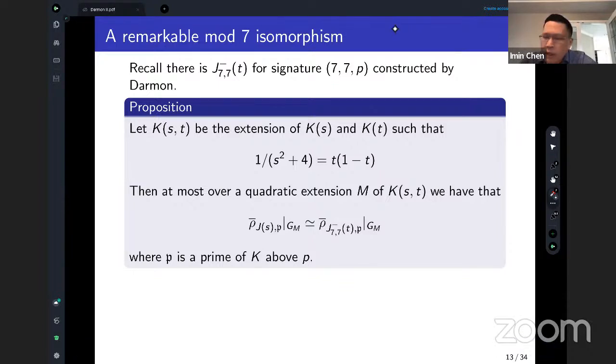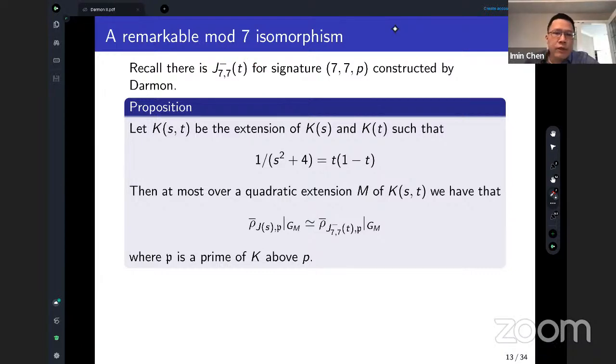If we take an extension, and so this was a hyperelliptic curve over this function field, and we take this extension of K(s) and another function field K(t), subject to the relation between s and t being this, then over at most a quadratic extension, we have that the mod p representation of Kraus's Frey abelian variety coincides with the mod p representation of Darmon's Frey abelian variety, and therefore, under this transformation, this gives a hyperelliptic realization of Darmon's Frey abelian variety, which he constructed using a superelliptic construction.